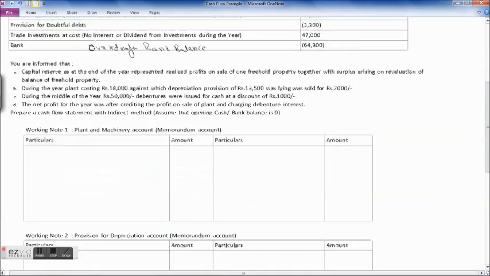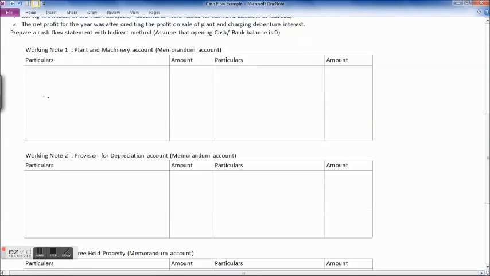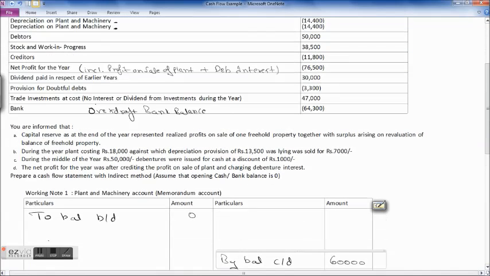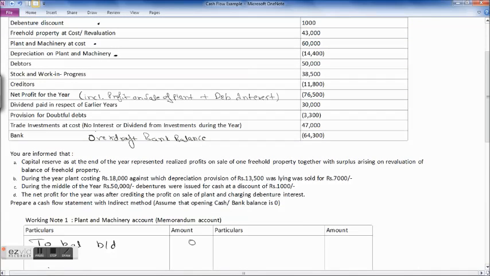So for preparing a memorandum account, to balance brought down we'll put it as 0 for our calculation purpose, by balance carried down 60,000. Then provision for depreciation on plant and machinery, again there is an increase in credit balance of 14,400.